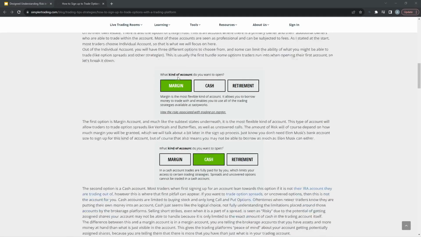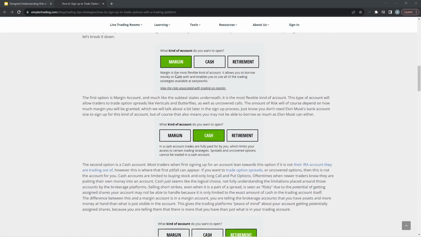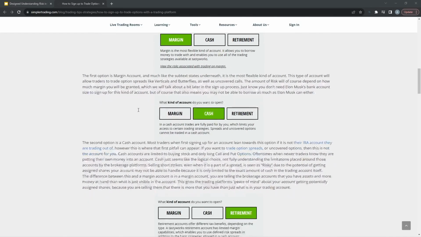The next question that you typically get asked whenever you're first signing up for your trading account is, what type of account do you wish to open? There's a margin account, a cash account, and a retirement account. Now, the first option being a margin account, to me, is the most flexible kind of account whenever you're wanting to trade option spreads, right?